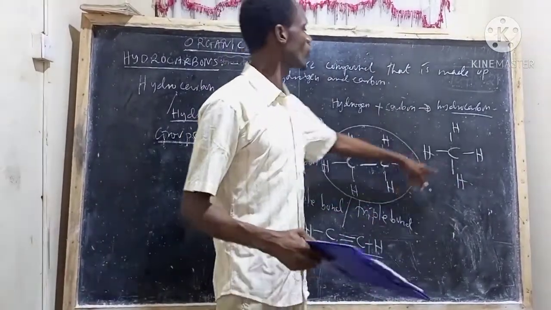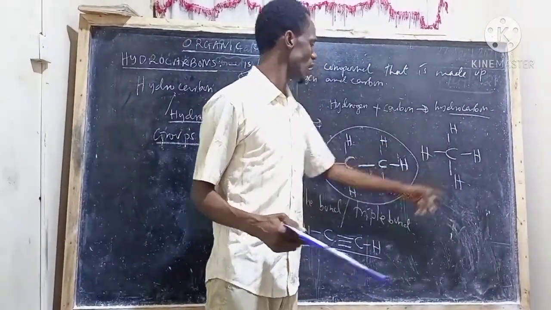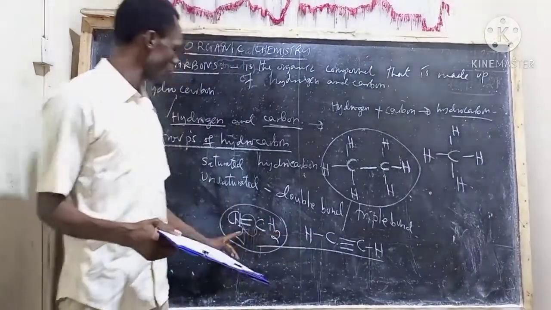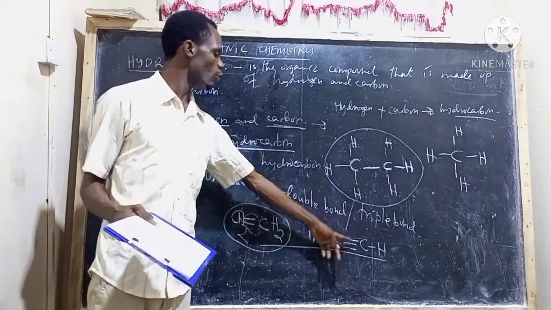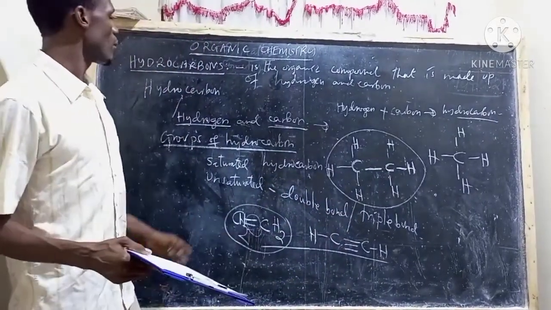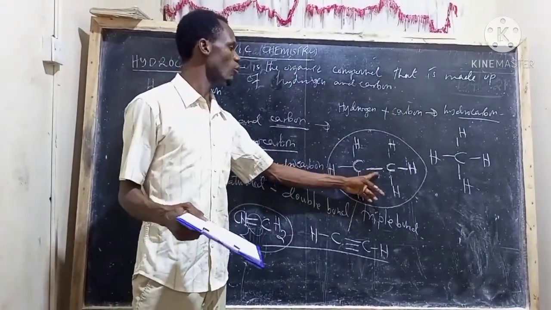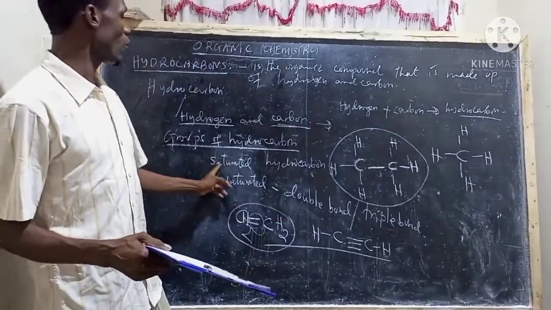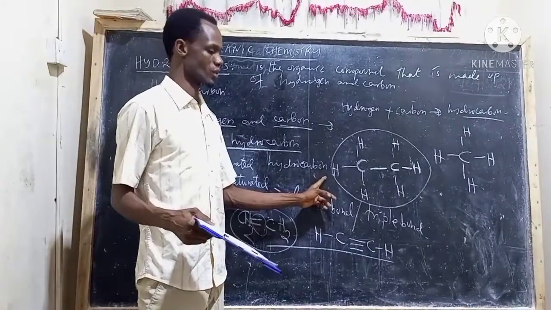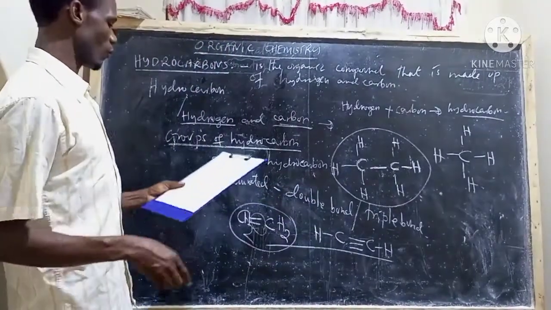This is what we call saturated. But this is unsaturated because it has a double bond and triple bonds. Double bond and triple bond are called unsaturated. But those that have single bonded carbon and hydrogen are called saturated hydrocarbons. That's all about saturated hydrocarbons.